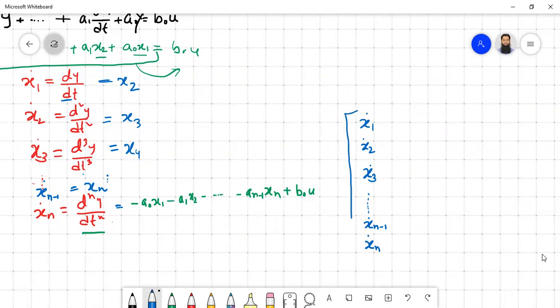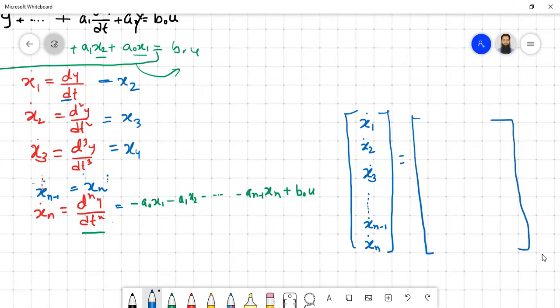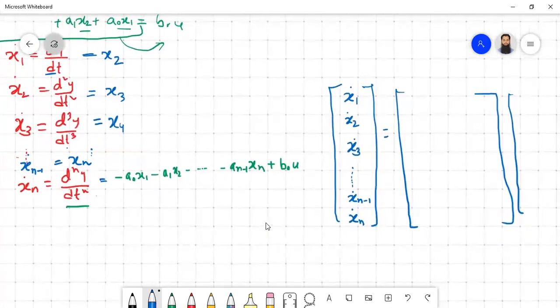So this is a vector, and this one has to be written in terms of the state variables, that is x1, x2, x3, and it goes on up to x(n-1), xn.